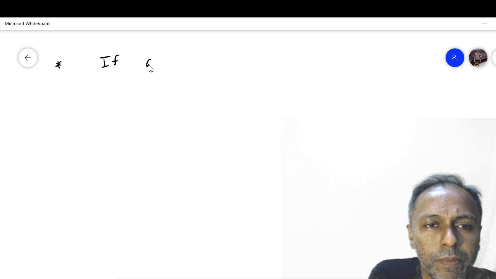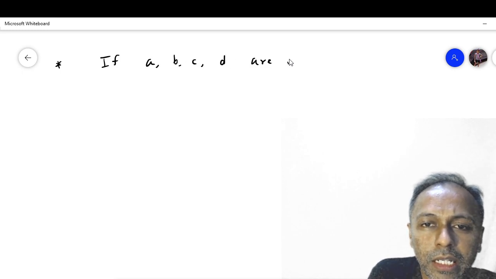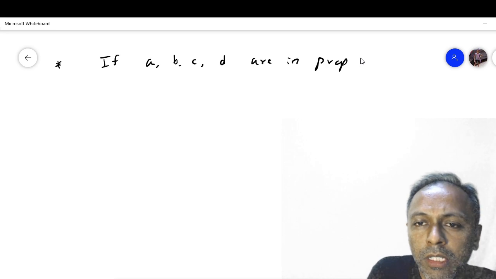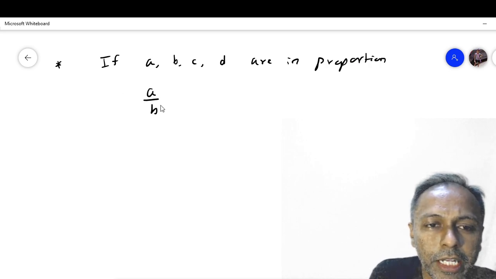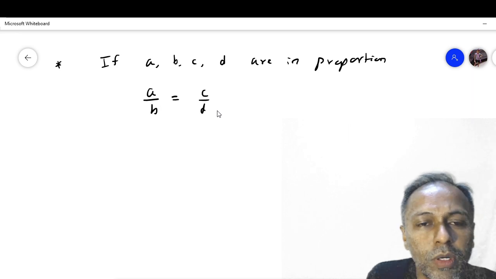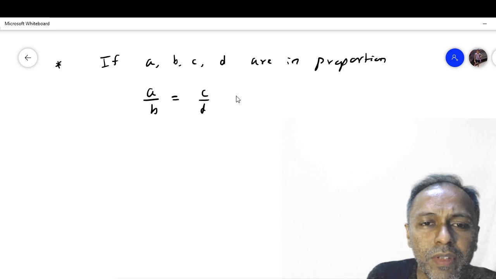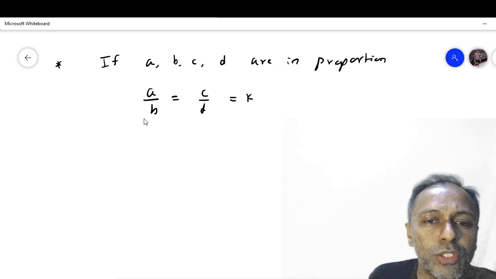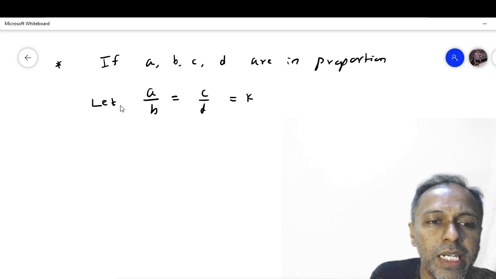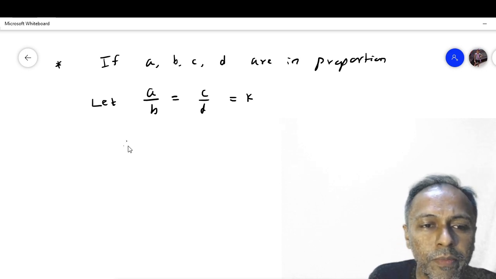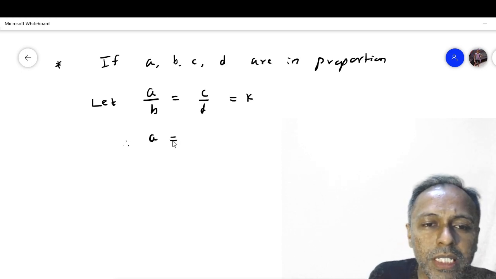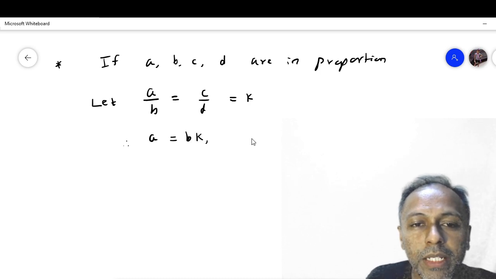What happens if A, B, C, D are in proportion? So we understand it implies that A upon B is equal to C upon D. Now if these two ratios are equal, let us say we equate both ratios with K. So we say let the two ratios be equal to K. Then we can express A upon B equal to K, which will give you A equal to BK.